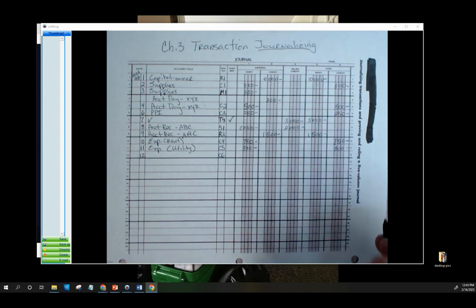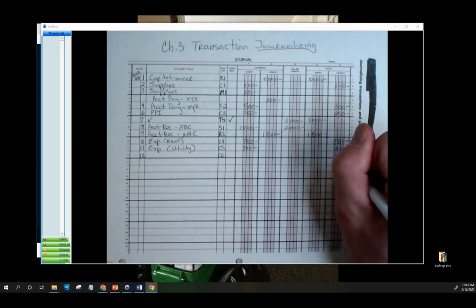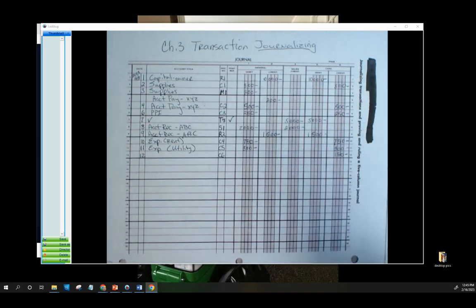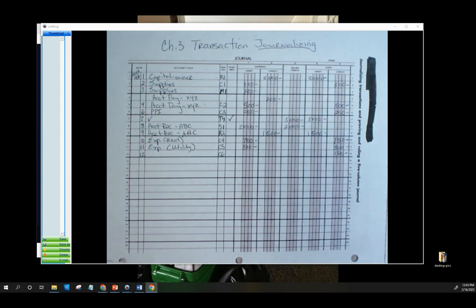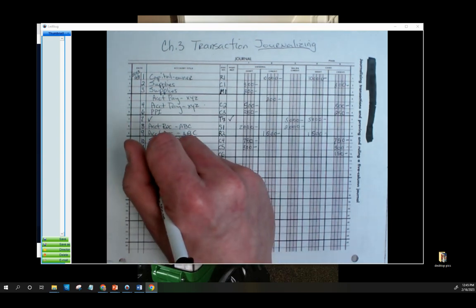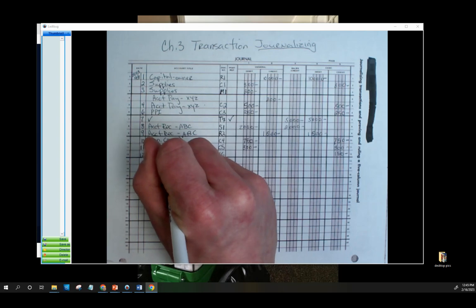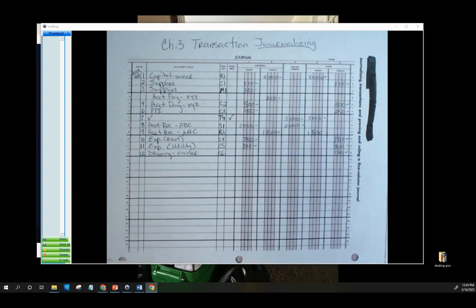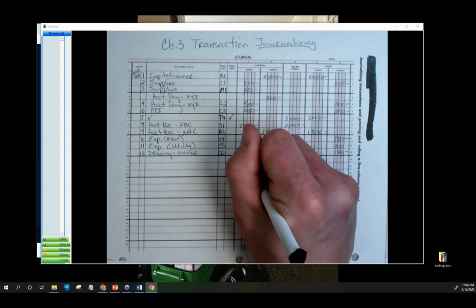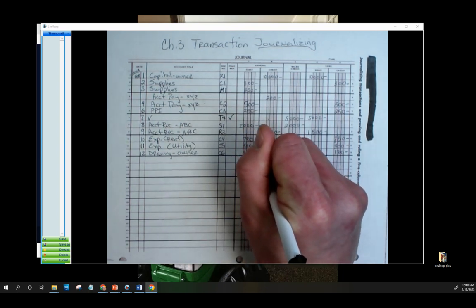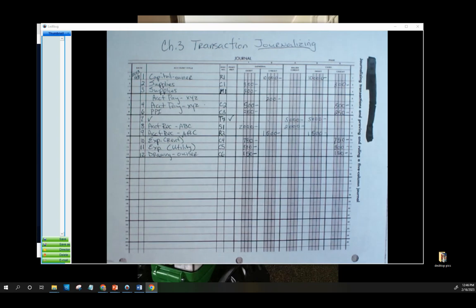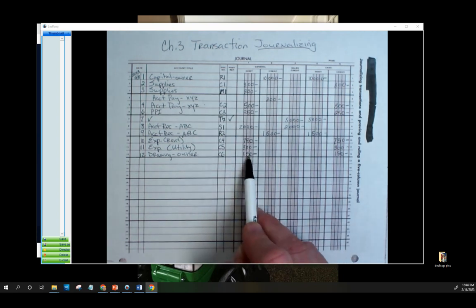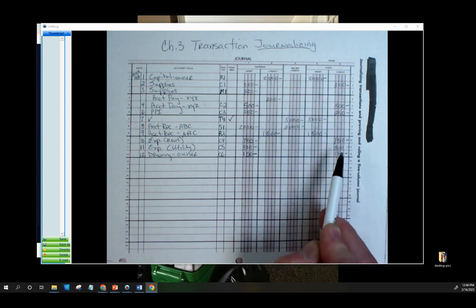We paid cash, and we took out $150 for personal use. Cash goes down, assets go down. The drawing account, owner's name, just like expenses, as this account goes up with a debit, owner's equity will in turn go down. So expense goes up, owner's equity in turn goes down, cash goes down, assets go down.